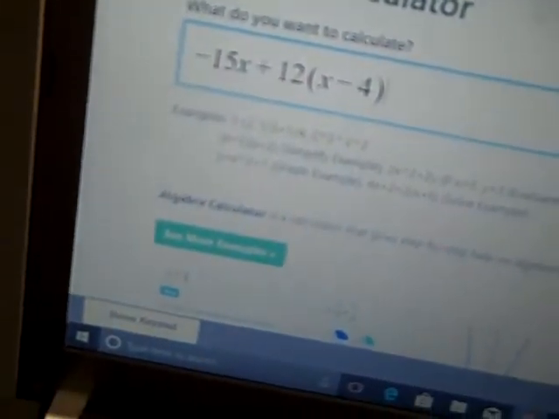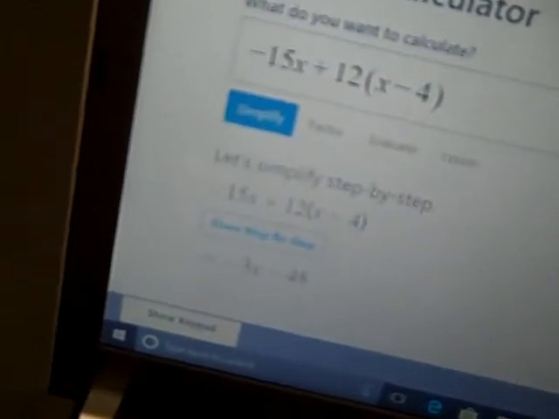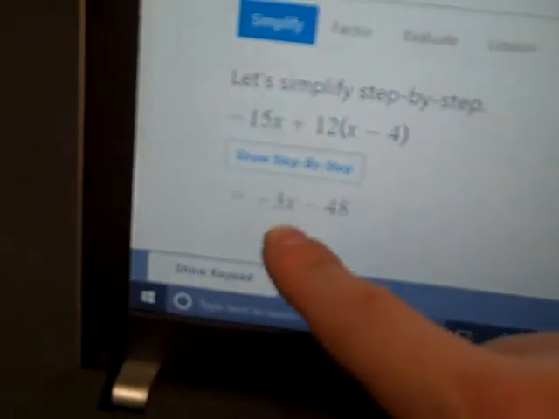Plus, you hit shift, and then it's right there. 12. You don't need to hit times. You can just put your parentheses there. And then x minus 4. And when I hit calculate, it's going to simplify my top for me. Okay, so there it is, negative 3x minus 48.